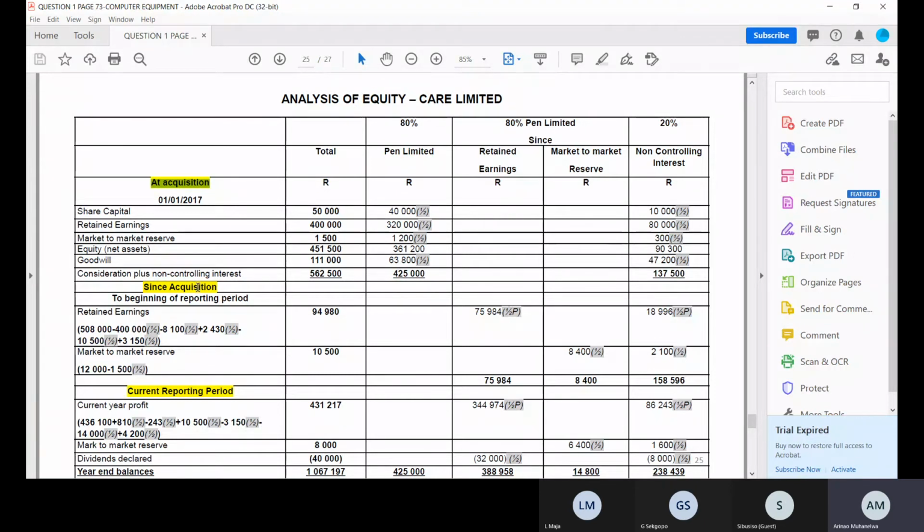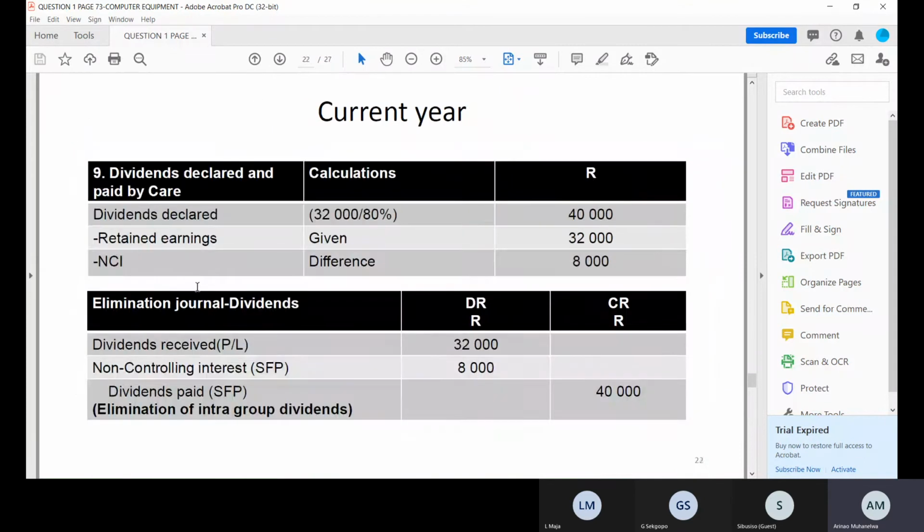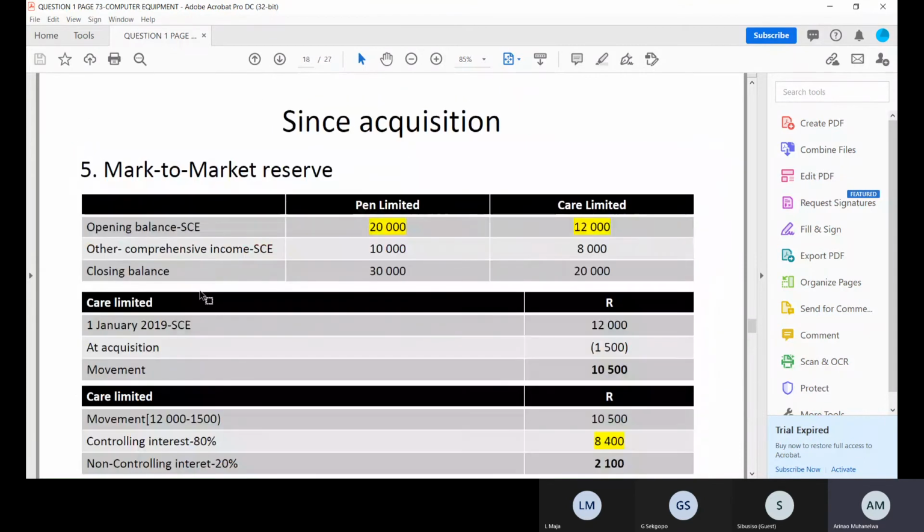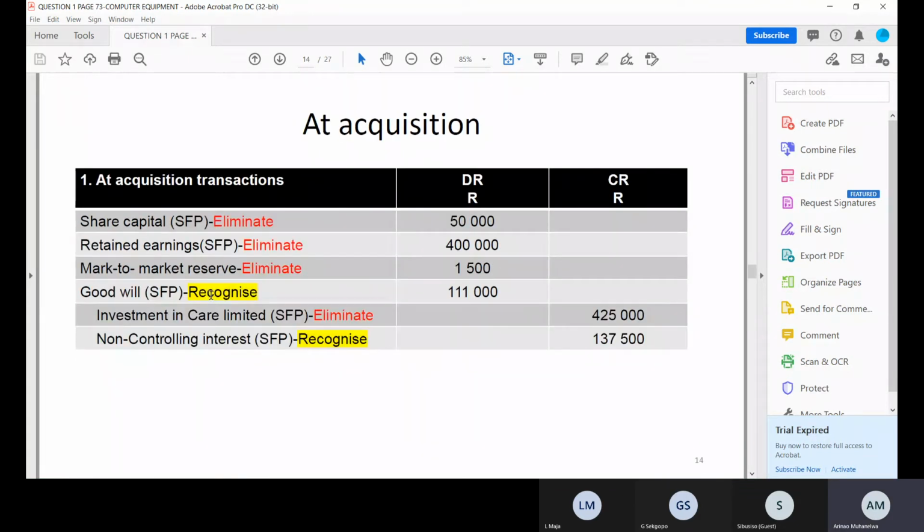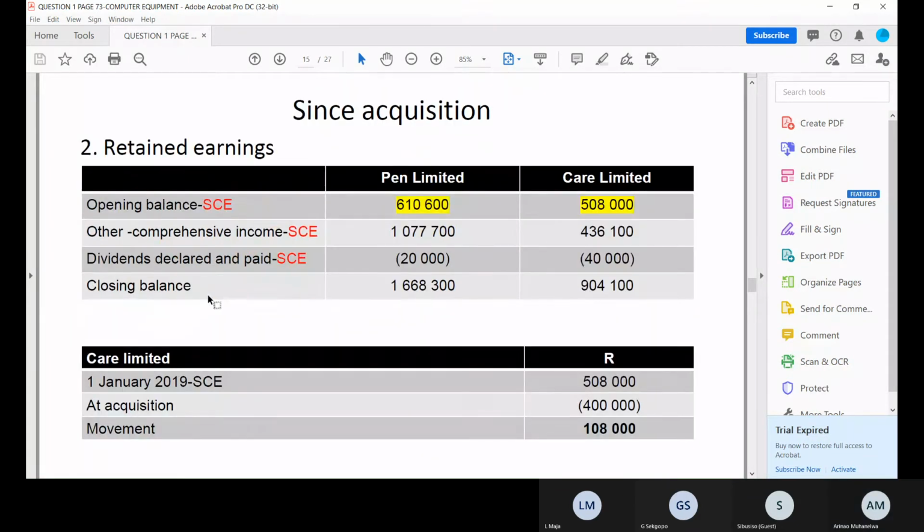Since acquisition, I'll go back to the calculation, then we'll go back to since acquisition. There are various transactions that are going to happen since acquisition. So first things first, let's deal with retained earnings.